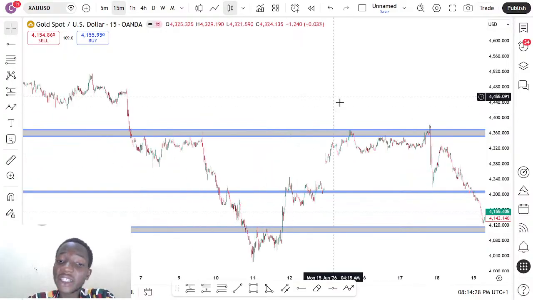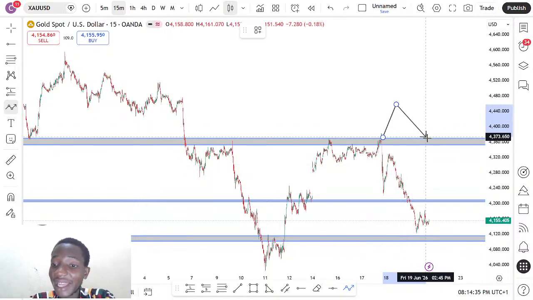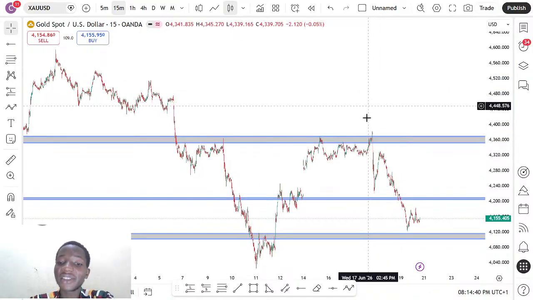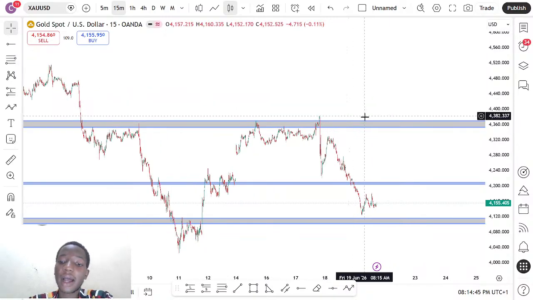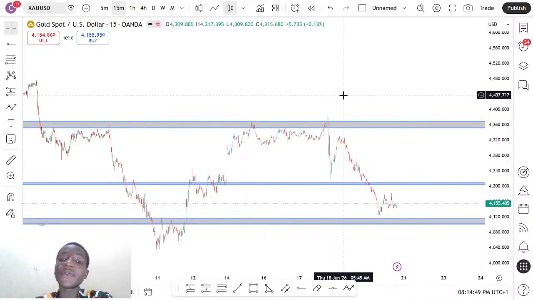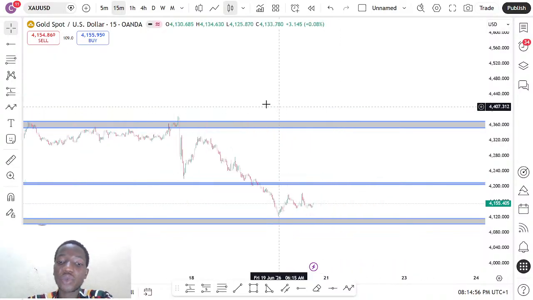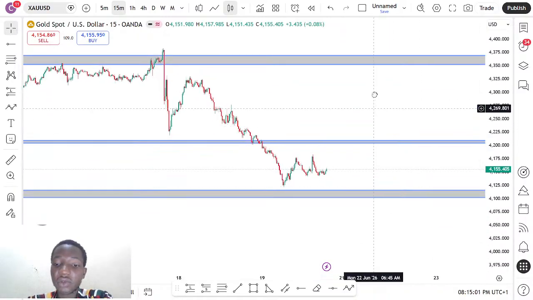Because on a zone like this, what I expect is for it to break properly, break, retest, then buy. Break, retest, then buy. And before the market gets there, if there's a way to connect a trend line to that zone, it makes the zone more powerful.